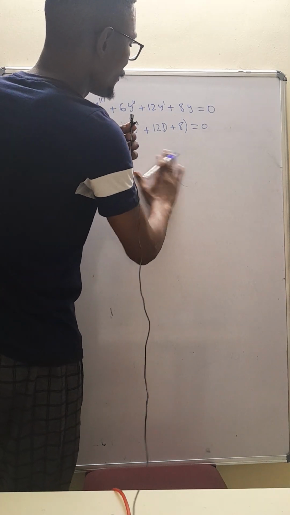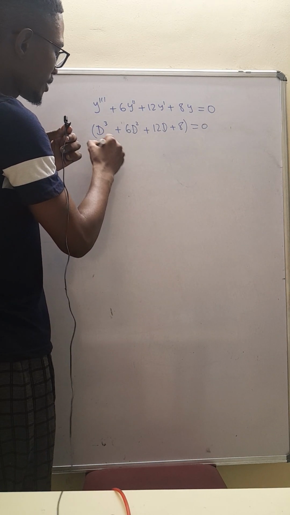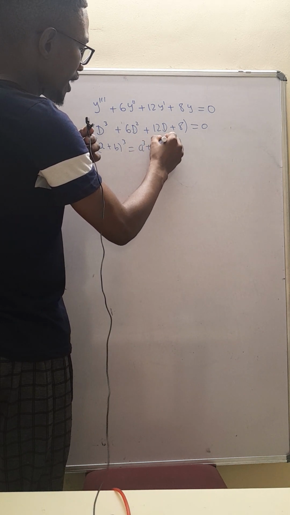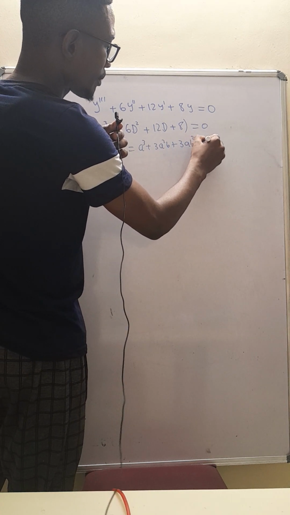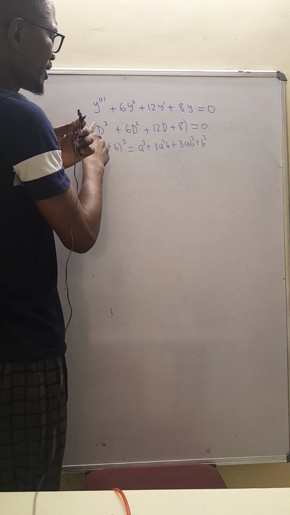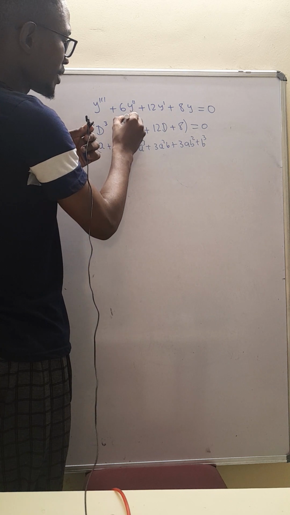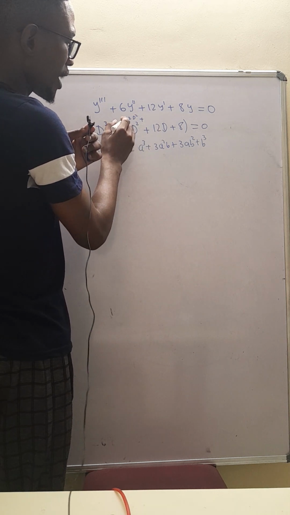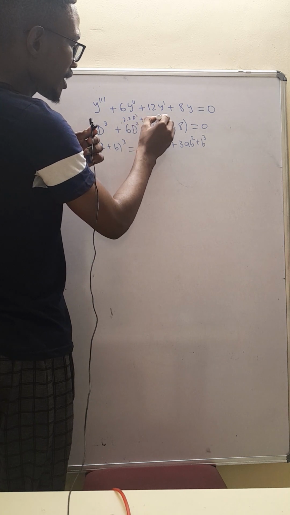If you check it well and compare, when you have a plus b cubed, it is equal to a cubed plus 3a squared b plus 3ab squared plus b cubed. If you compare this equation to this one, directly you will see that this is a and this is 2. Here it will be 3 times 2D squared, while D is decreasing, the 2 is increasing. That's why you have here 12.